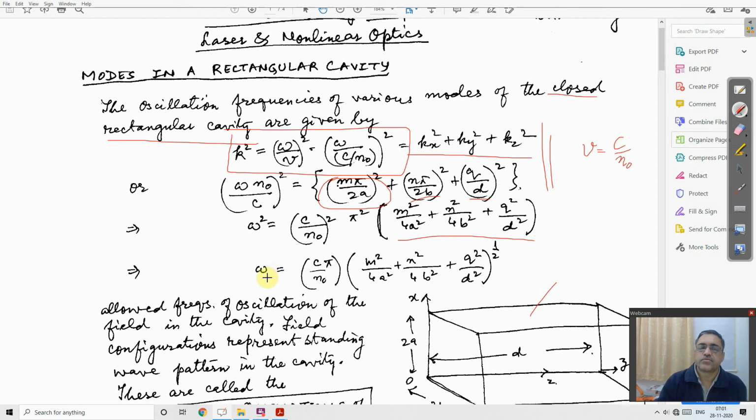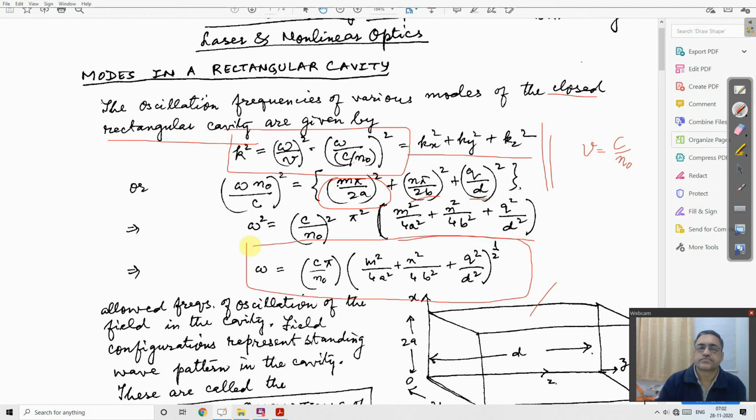Further we solve: omega is equal to c pi by n naught, and under root of m square by 4a square plus n square by 4b square plus q square by d square.